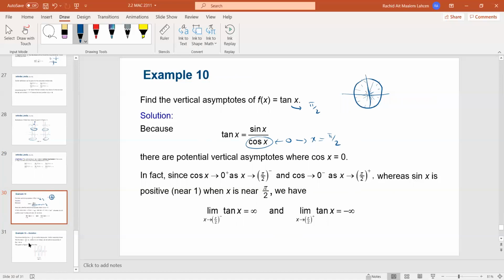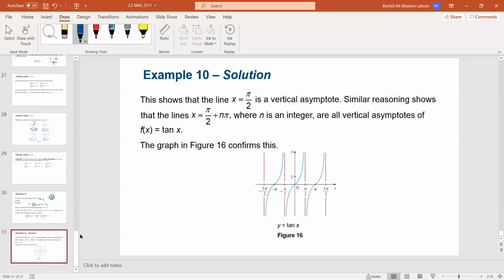Then when you look at this unit circle, you're going to find, of course, that for tangent the left-hand side limit is infinity, and the right-hand side is negative infinity. And in the next one, this is the tangent graph.